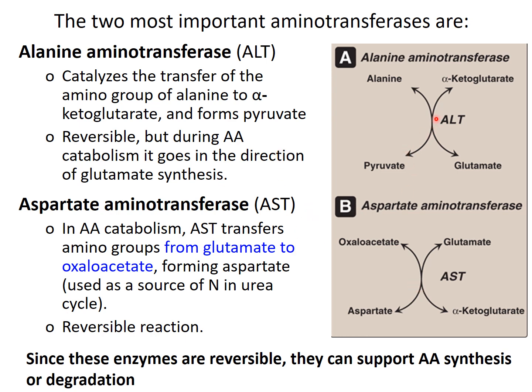So this vitamin is very important to work with these aminotransferases, and both of them can work in either direction. So it's reversible. They can support amino acid synthesis and they can support amino acid degradation.